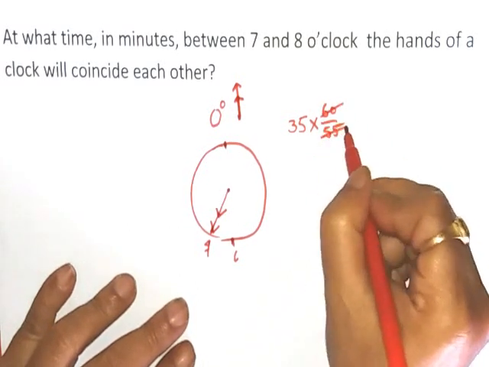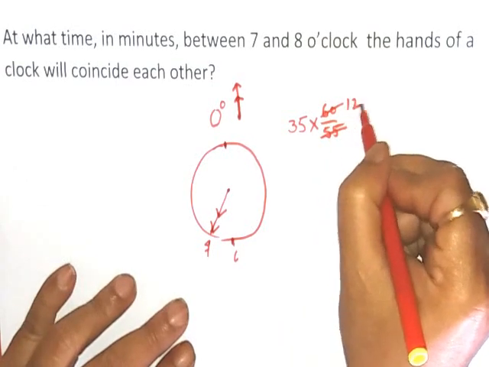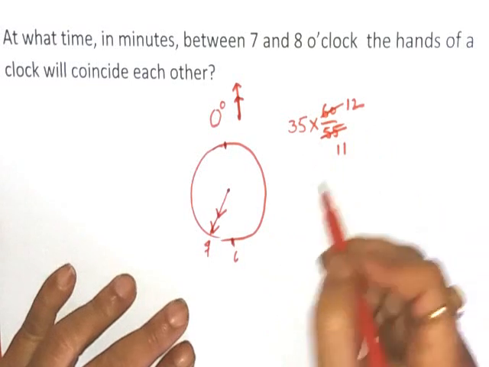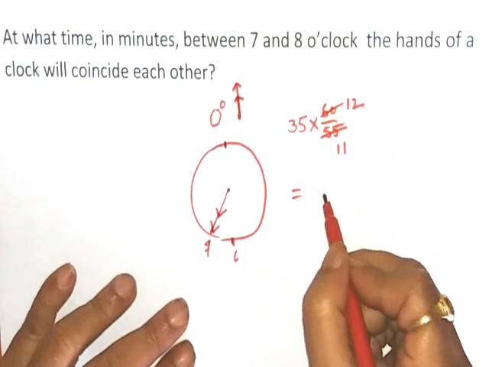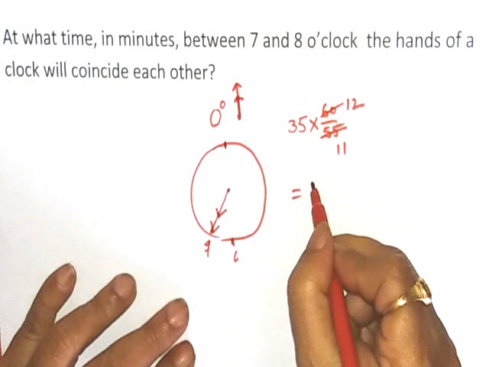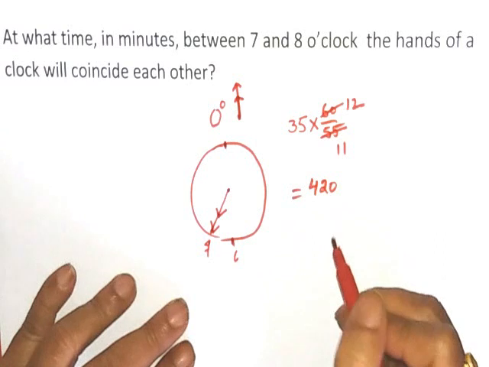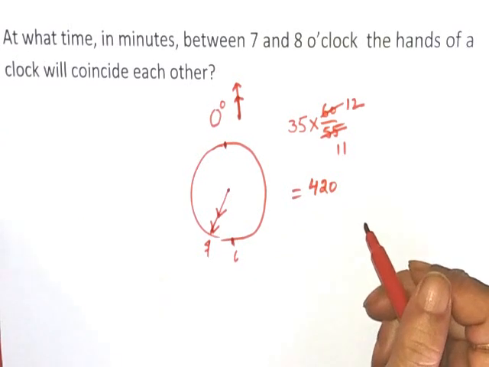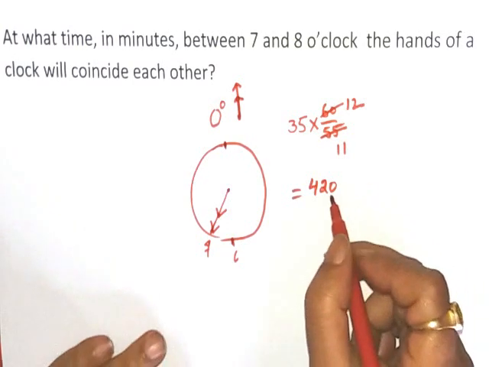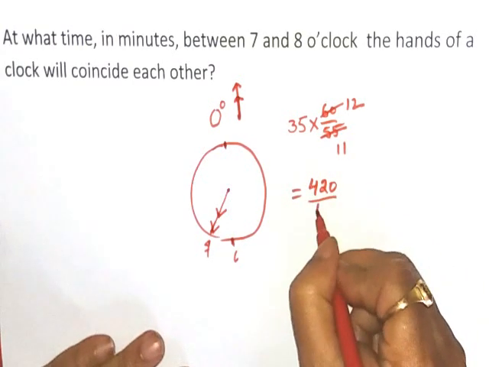That means if we divide by 5, then it will be 12 and 11. If we multiply 35 with 12, 35 10s are 350, 35 2s are 70, so 350 plus 70, it occurs 420. Though the number is a very lovely number, 420. Okay, now 420 upon 11.